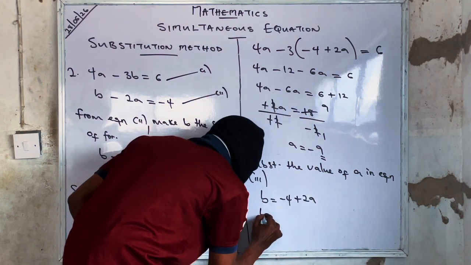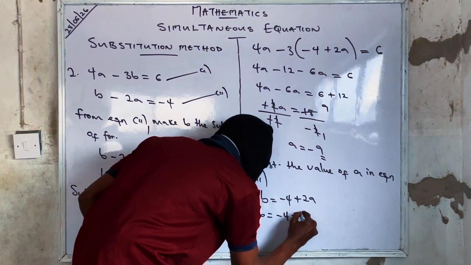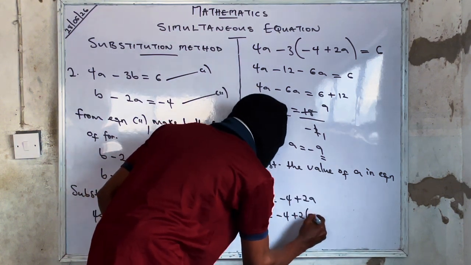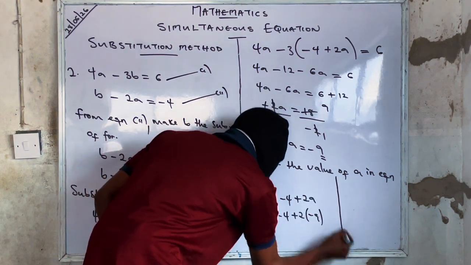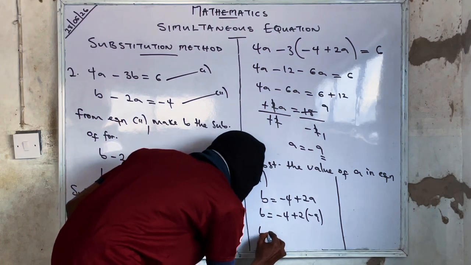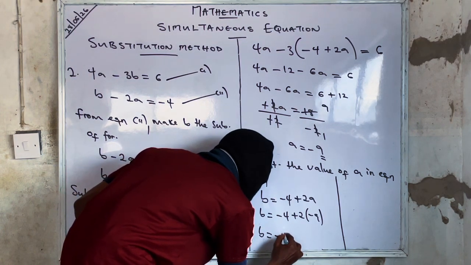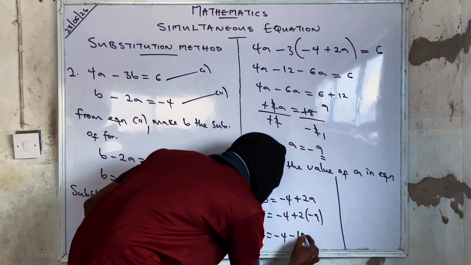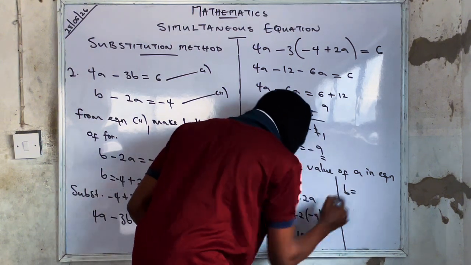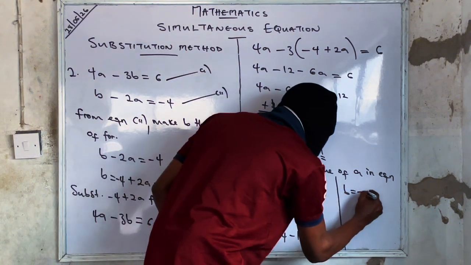Then you have B equals to minus 4 plus 2 into bracket minus 9. So B is equal to minus 4 minus 18, which will give you minus 22.